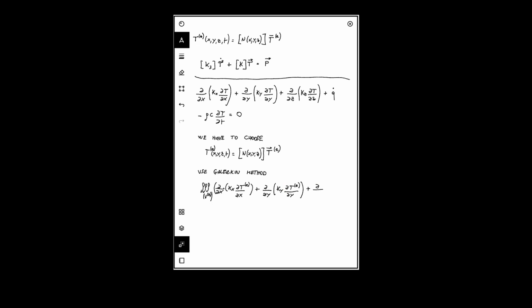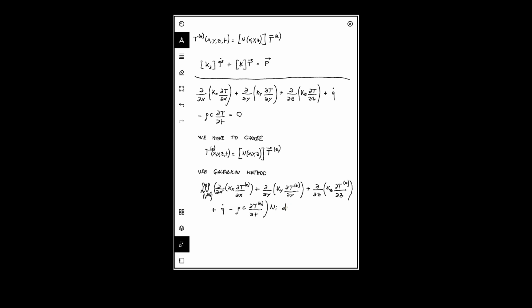plus the derivative of Q with respect to time, minus rho c dTe/dt, superscript e, multiplied by Ni, the interpolation function.